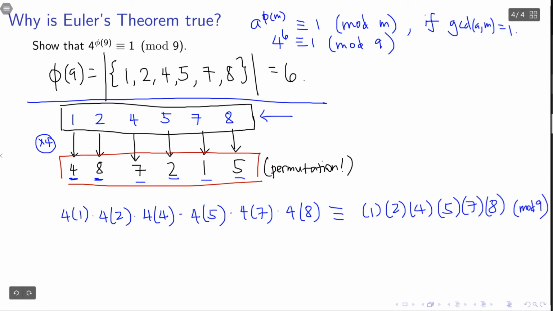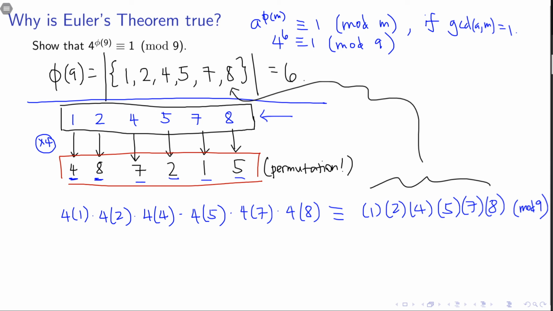Aha, and remember one of the properties of congruence we had before. We can cancel numbers from both sides of a congruence as long as they're relatively prime with the modulus. And so the modulus is 9. And well, what do you know? All these numbers are relatively prime with 9. That's why they were in here in the first place when we counted phi of 9. And so cancel the 1.